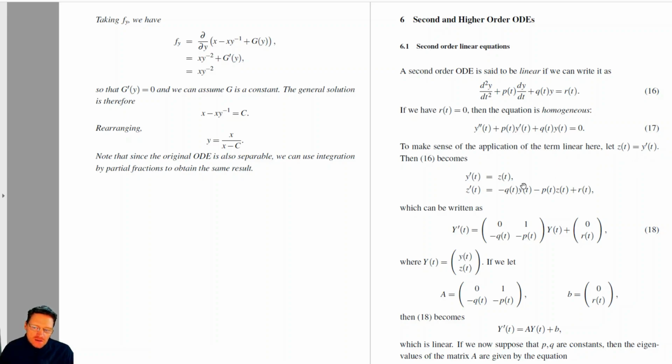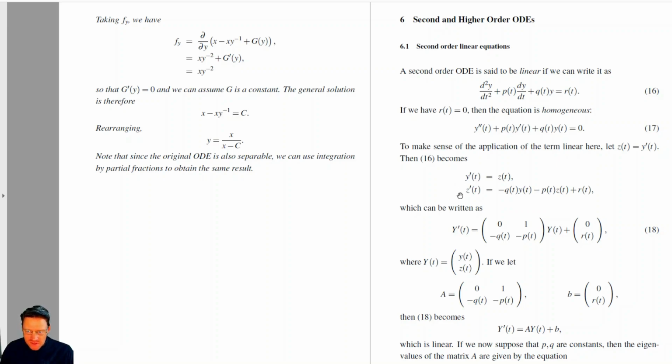And then differentiating z with respect to t, we get z dash is y double dash, but y double dash can be expressed, taking all of this over to the right hand side, as y double dash is equal to minus p(t) y dash minus q(t) y plus r(t).